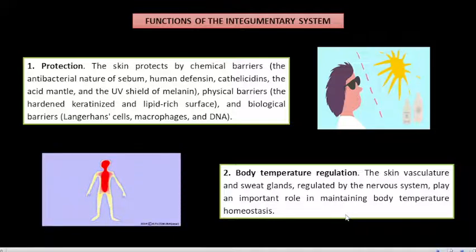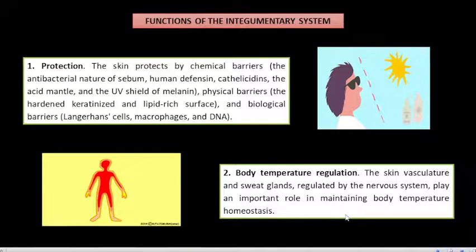So you're releasing heat and at the same time bumababa yung body temperature. So, mainly, ang vasodilation natin when you do exercise, kapag madami kang activity na ginagawa, nagkakaroon ng vasodilation in which it is promoting heat release.